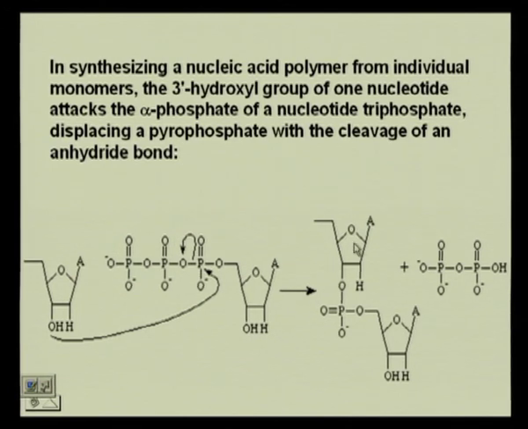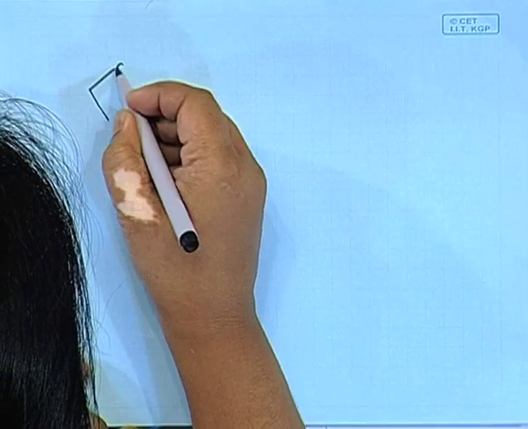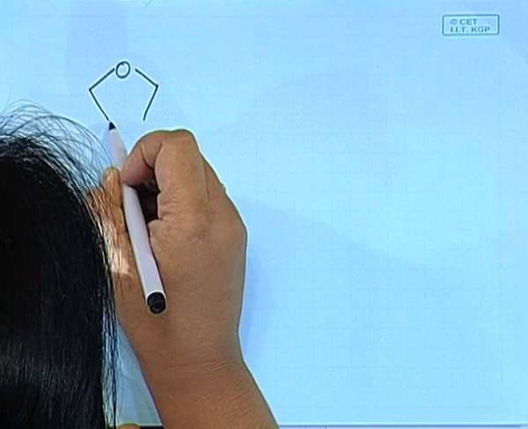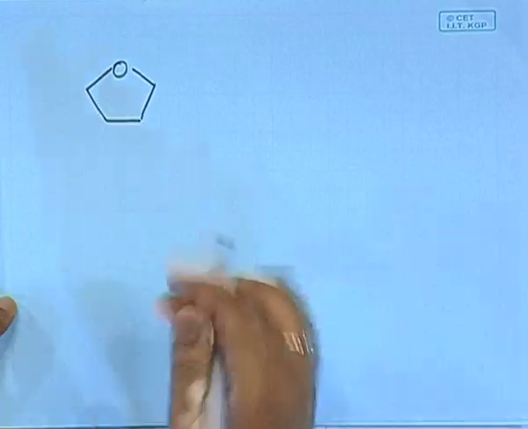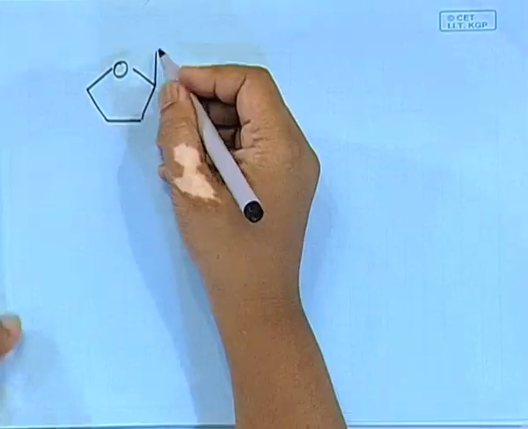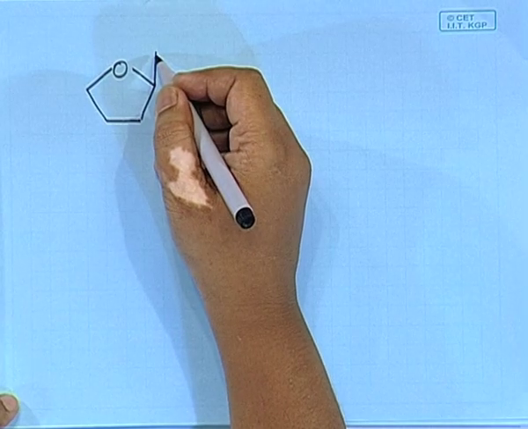Now, we are synthesizing a nucleic acid polymer. Okay. Essentially, what we have is something like this. This is our sugar. What do we have attached at this position?